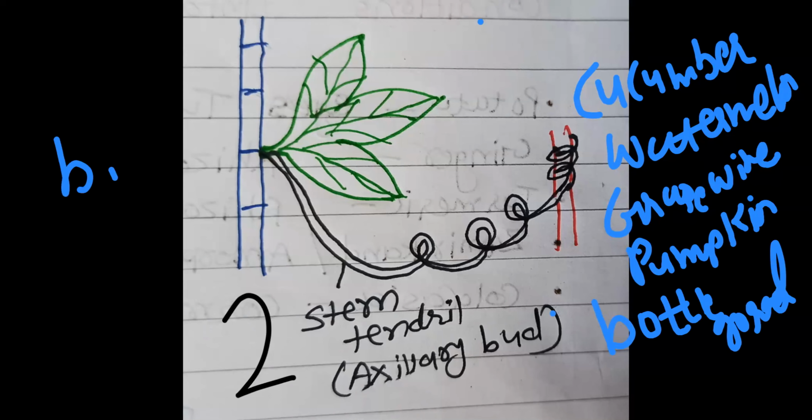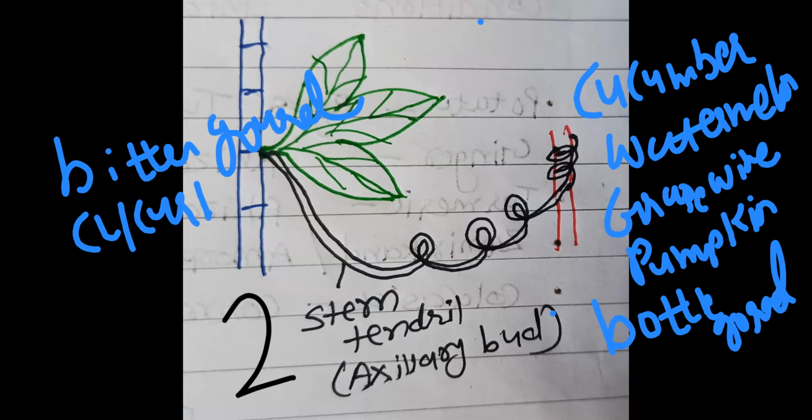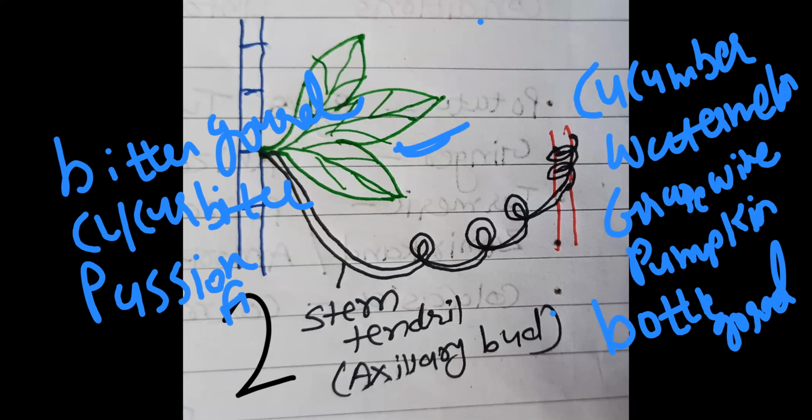Remember, all these examples are extra. Cucurbita even. One is cucumber, the other is cucurbita. Then passion flower. This is the example of a passion flower diagram. Clear? So these are the examples.